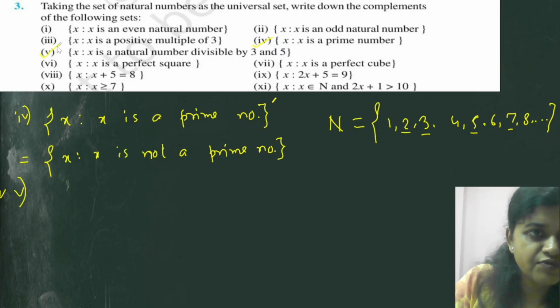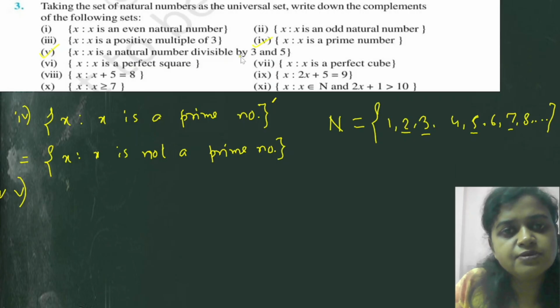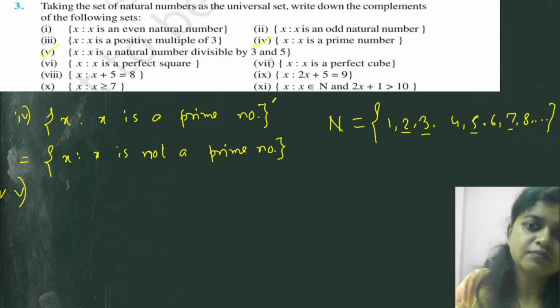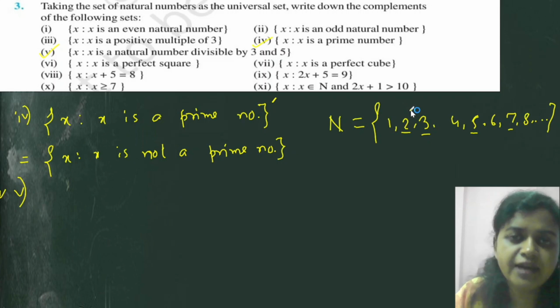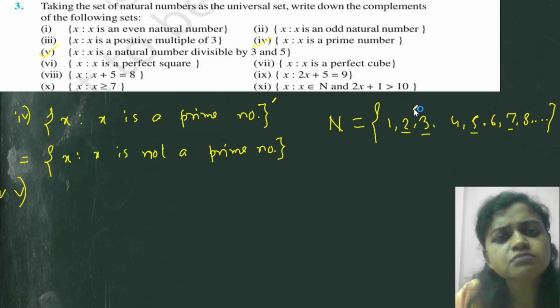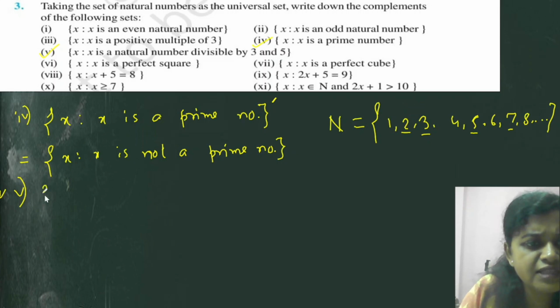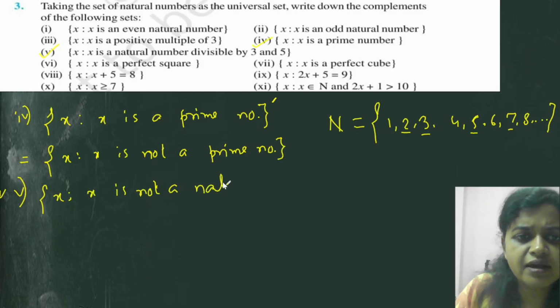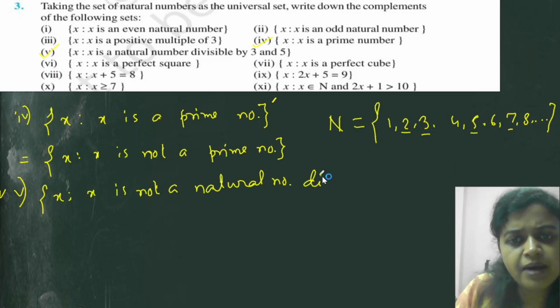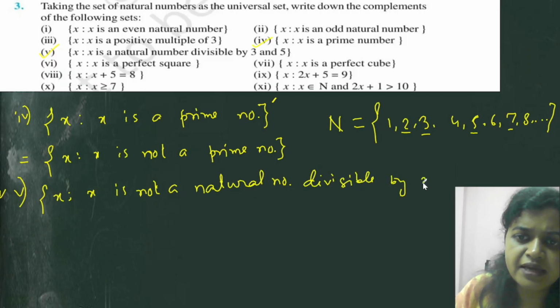We will discuss 5. X is a natural number which is divisible by 3 and 5. Divisible by 3 and 5 means a common multiple of 3 and 5. So the answer will be: x such that x is not a natural number divisible by 3 and 5.